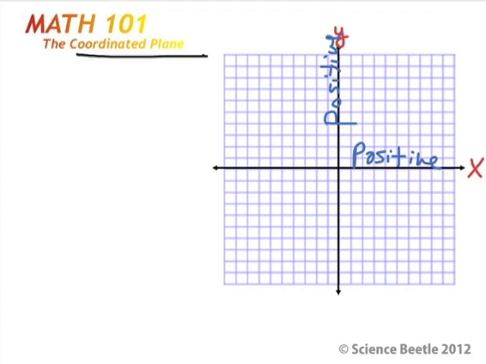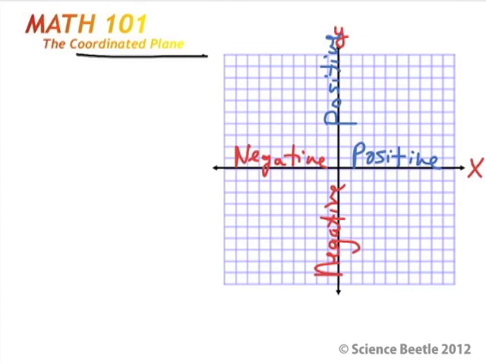The negative numbers I'm going to represent in red, so negative numbers on the x-axis would be over here on the left-hand side, and negative numbers on the y would be down here at the bottom. Let's go ahead and write those down. If you look at this very carefully, you can start to see where certain points on an xy axis, or a coordinate plane, give you certain numbers.